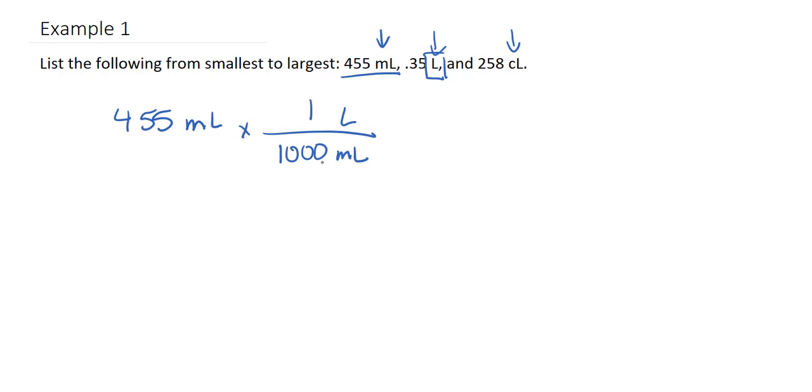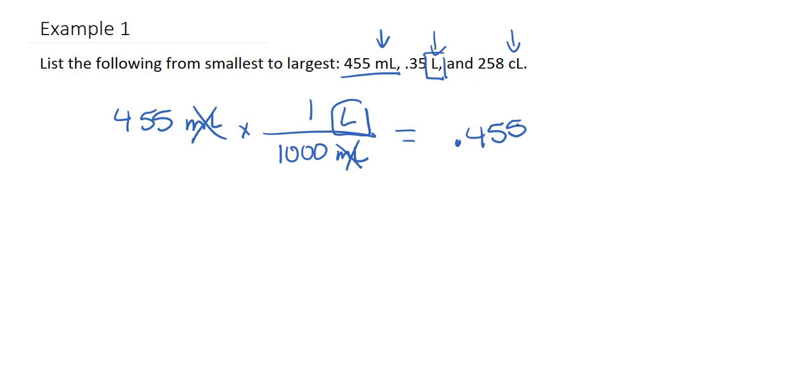So we put the 1,000 on the bottom, and these cross out, and we're left with liters. So 455 is divided by 1,000, which means we move the decimal point to the left 3 times. So we end up with 0.455.